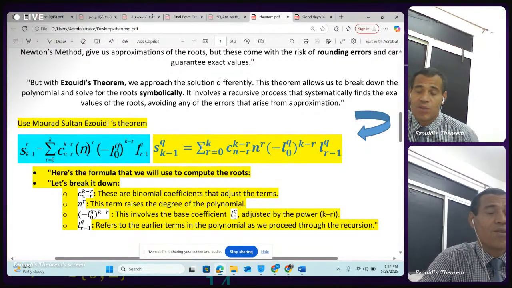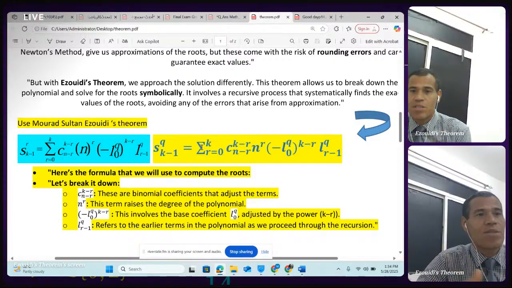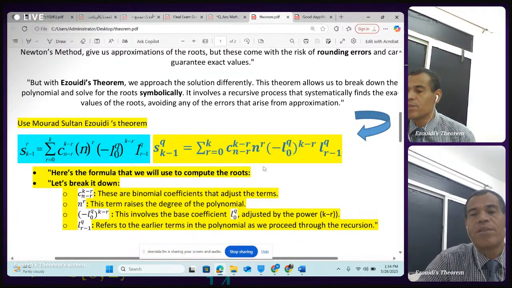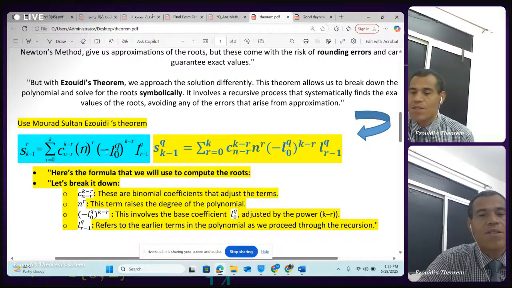Whoa, okay, that looks complex. Let's try to break down the idea behind it. It seems to involve calculating a sequence of these values one after another. Think of them as symbolic building blocks. The calculation for each one uses the original polynomial's coefficients, and also relies on the values you've already calculated.